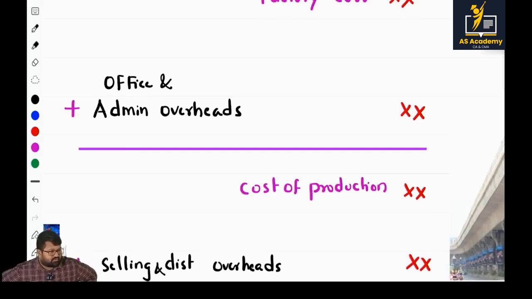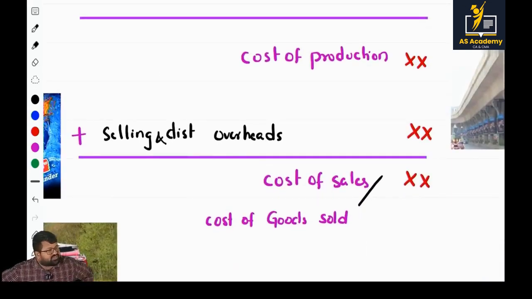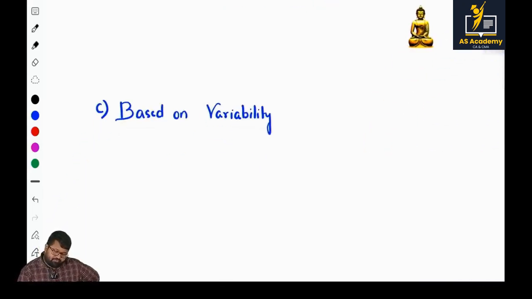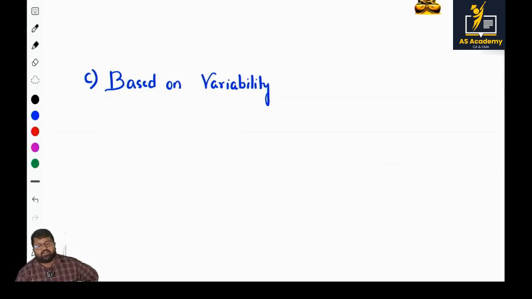Next, cost of sales? Cost of production plus selling and distribution overheads. So this is the basic fundamental cost sheet. Next, take down the next heading: based on variability. Based on variability is important.